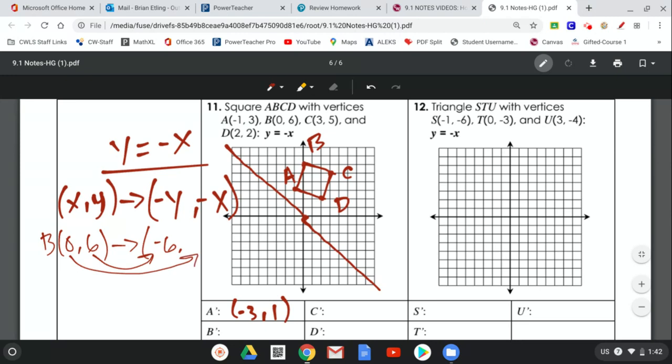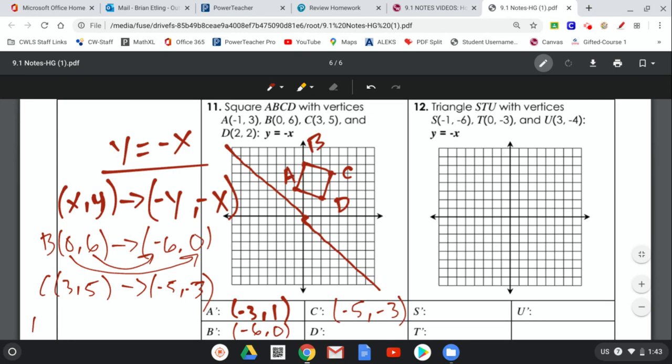All right, 0 is neither negative or positive, so it just stays negative 6, 0. Okay? So for part C, C is going to be 3, 5. So we're just going to switch it and make it negative 5, negative 3. All right, so that's going to be for C, negative 5, negative 3.